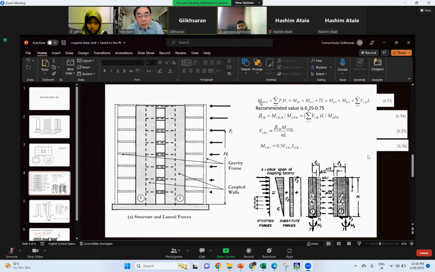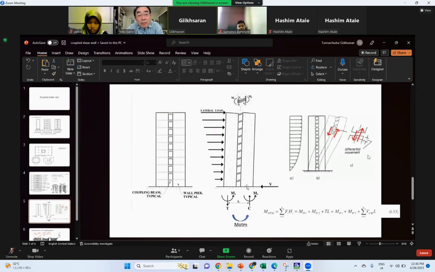First of all, the overturning moment, OTM, is easy to understand from this picture. OTM is the moment of wall 1 plus the moment of wall 2 plus TL, where T is the total shear force of the coupling beams and L is the distance between the two walls.